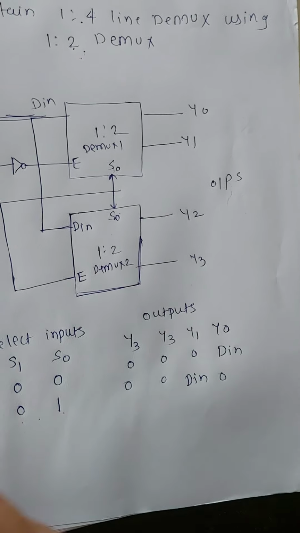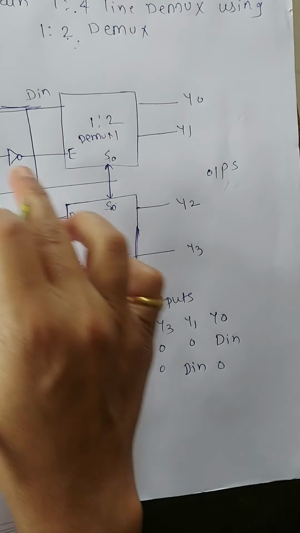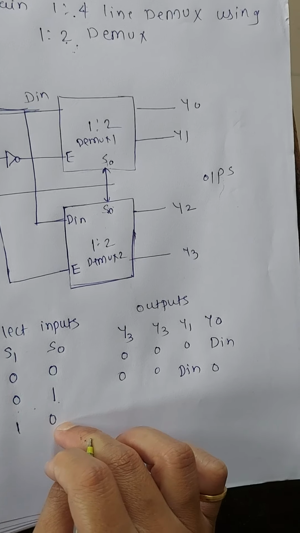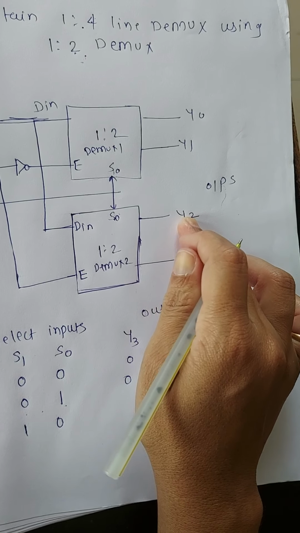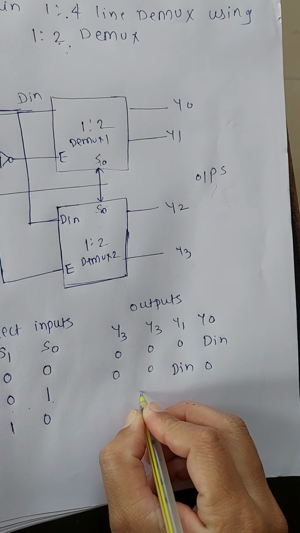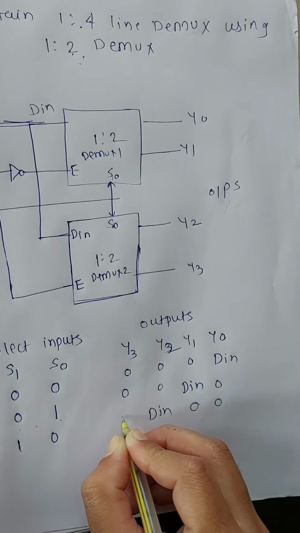When S1 S0 is 1 0, that means 2, so the Y2 output is selected. The select lines select the data, 1 0 means 2, so we select Y2 and the D in data is distributed to Y2, and otherwise outputs are 0.